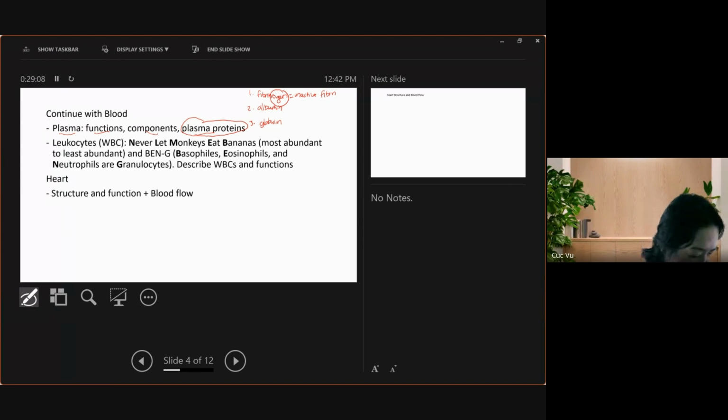Pepsinogen, fibrinogen, all inactive, which makes sense because you don't want to have clots happening normally in your body, right? You only want it to happen when you need it to happen. So in your blood, this plasma protein is inactive unless you have a cut. And then there are proteins on the outside of your blood plasma that enter and activate the fibrinogen into fibrin because there's a cut. So now you need it, right? But normally you don't want it to be active.